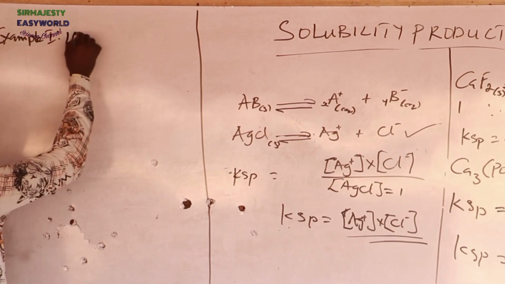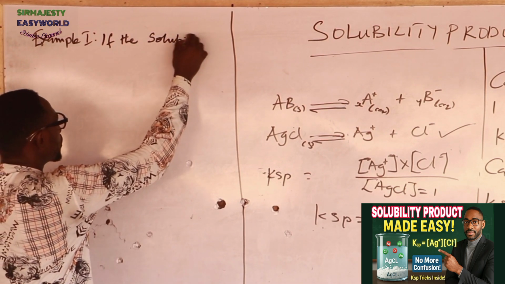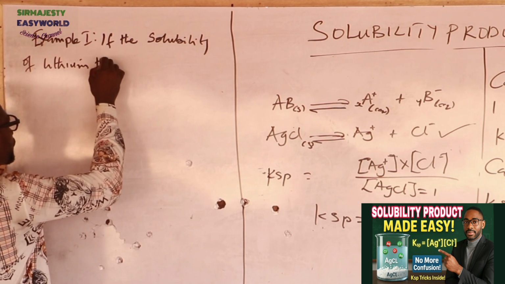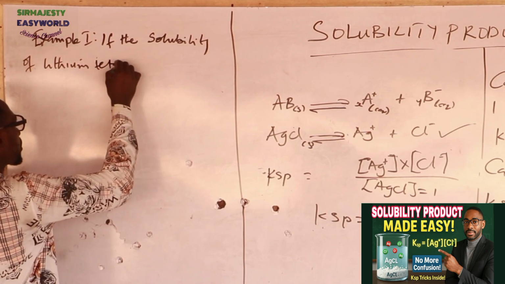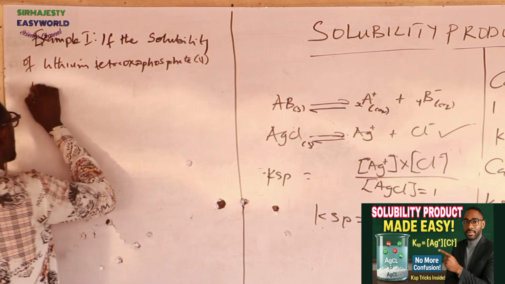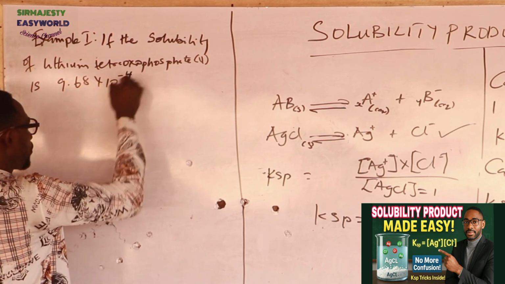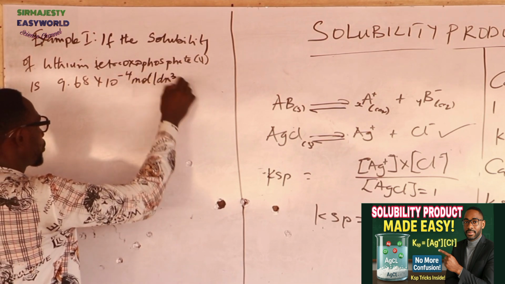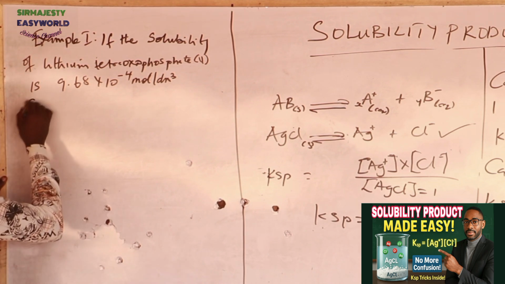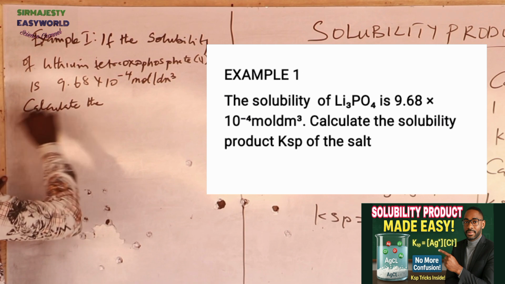If the solubility of lithium tetraoxophosphate 5 is 9.68 times 10 raised to power minus 4 mole per dm cube, calculate the solubility product.